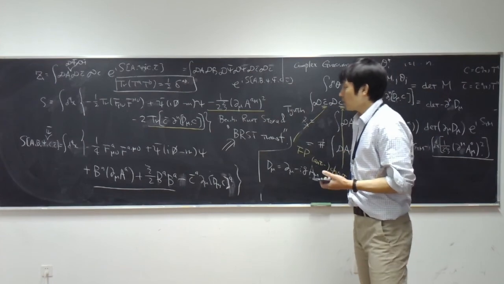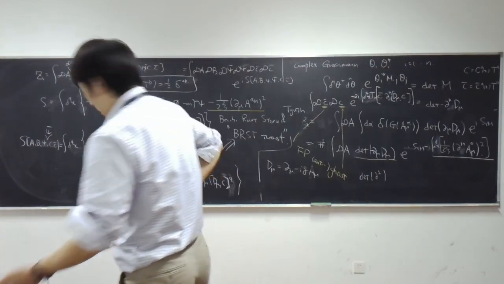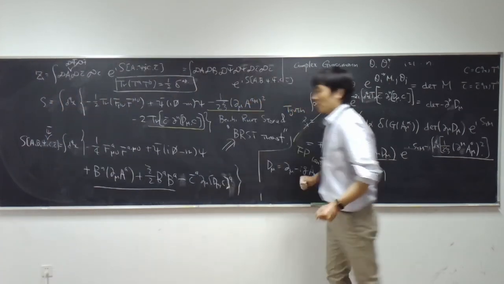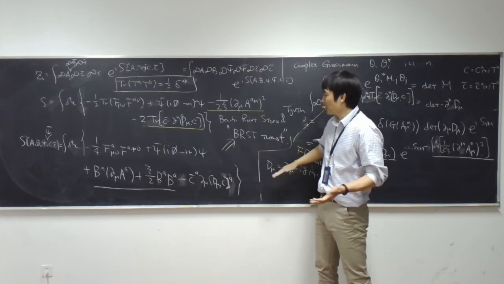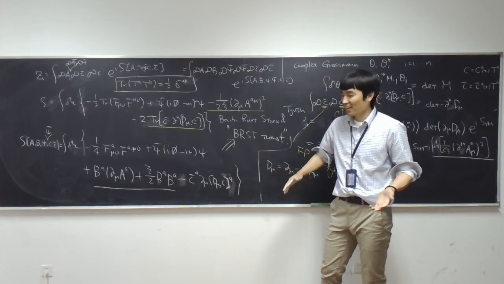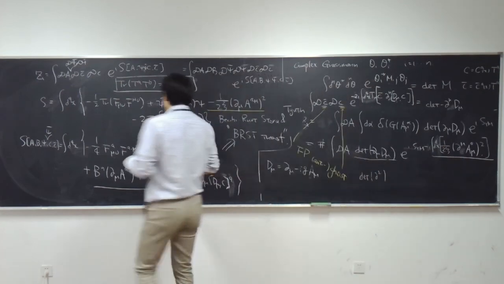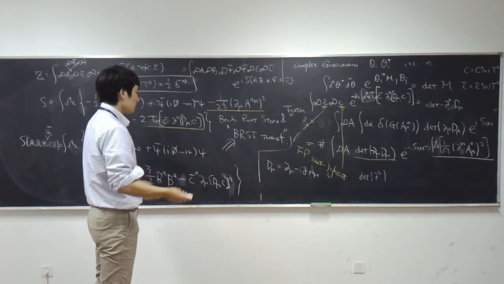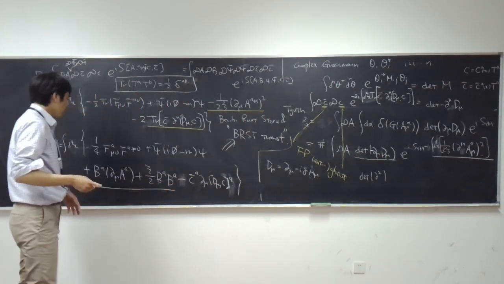Oh yeah, why do we... So the purpose is to see the BRST transformation explicitly. So you can see that a boson becomes a fermion and a fermion becomes a boson. That's the BRST transformation, which is written in homework problem 3.